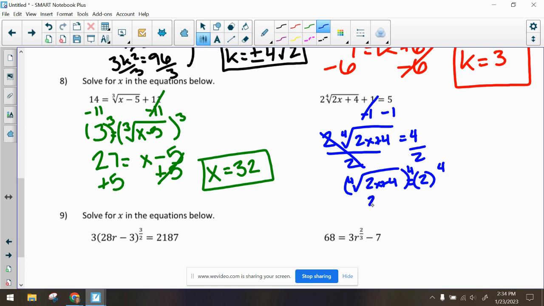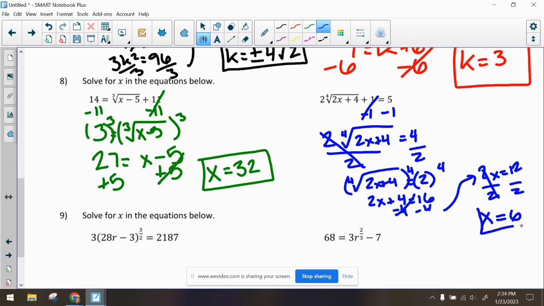So we'd be left with 2x plus 4 equals 16. Again, this is 2 times 2 times 2 times 2. Now I can get x by itself by subtracting 4. And finally, getting x by itself by dividing by 2. So x equals 6.